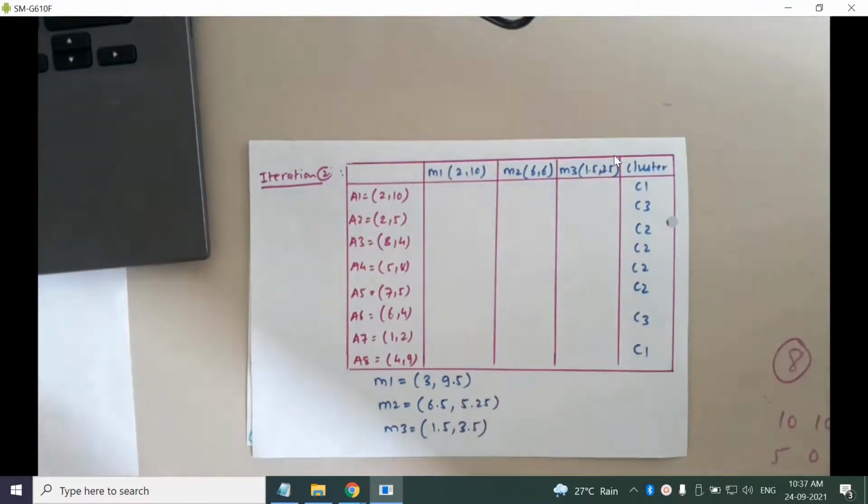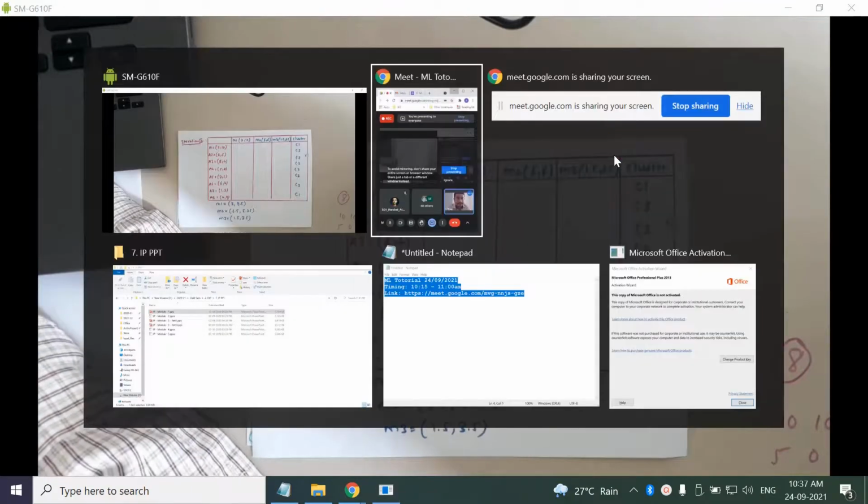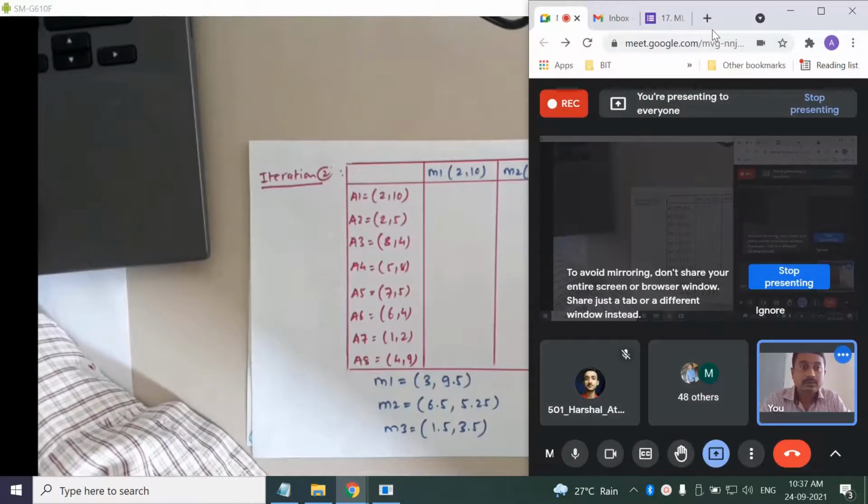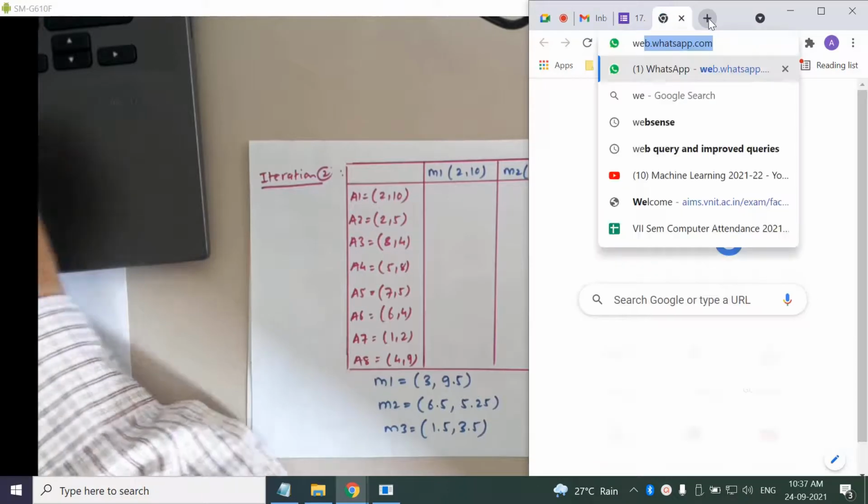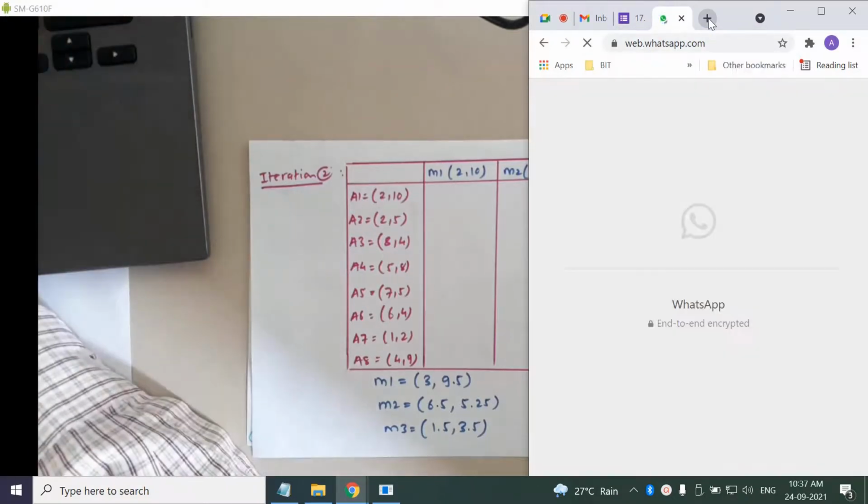सो लेट मी जस्ट चेक वेदर आई एम गेटिंग द रिस्पॉन्सेस. किसी ने सॉल्व किया कि नहीं?